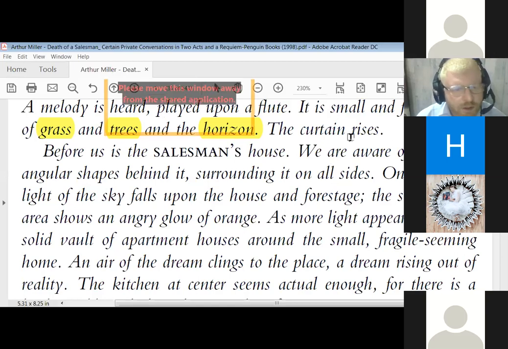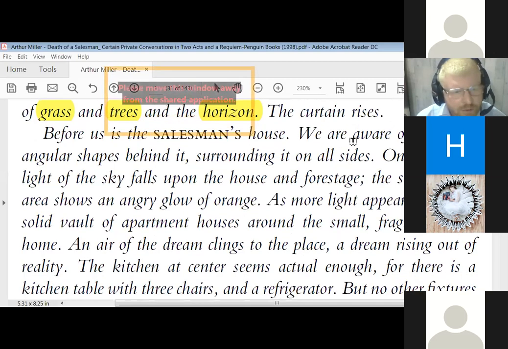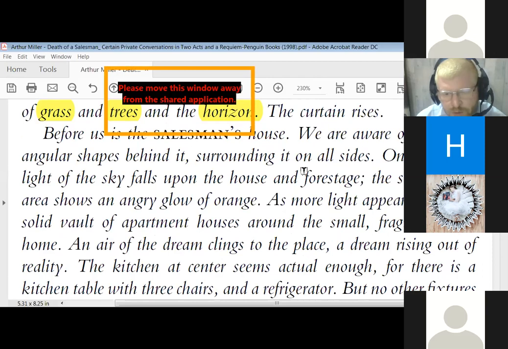Okay, before us is the Salesman's house. We are aware of towering angular shapes behind it, surrounding it on all sides. Only the blue light of the sky falls upon the house, and for stage, the surrounding area shows an angry glow of orange. More light appears.